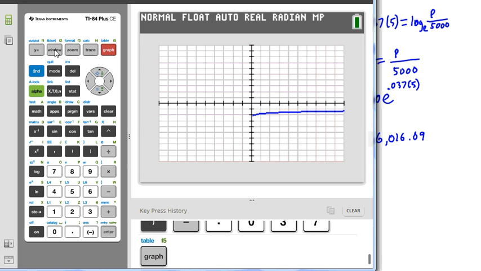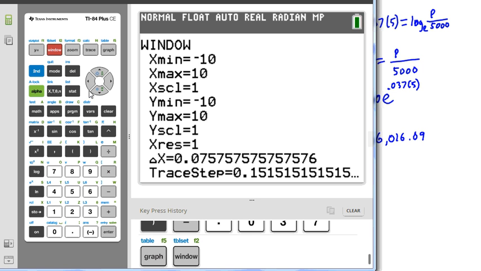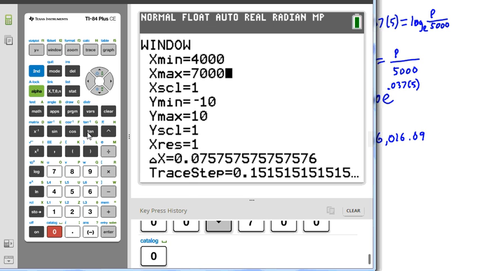And I'll show you what I do for the calculator. Go to the window, and I'm going to go from X minimum of 4,000 to 7,000, because we know that's where it's going to cross the x-axis.